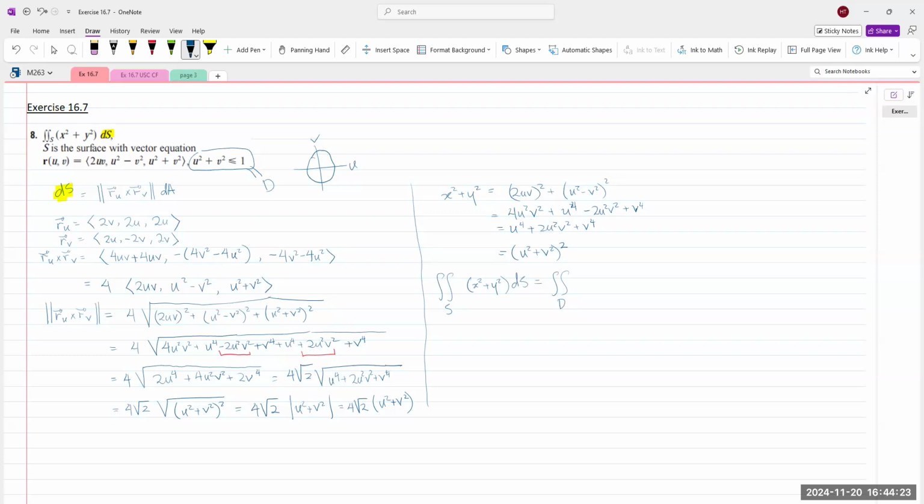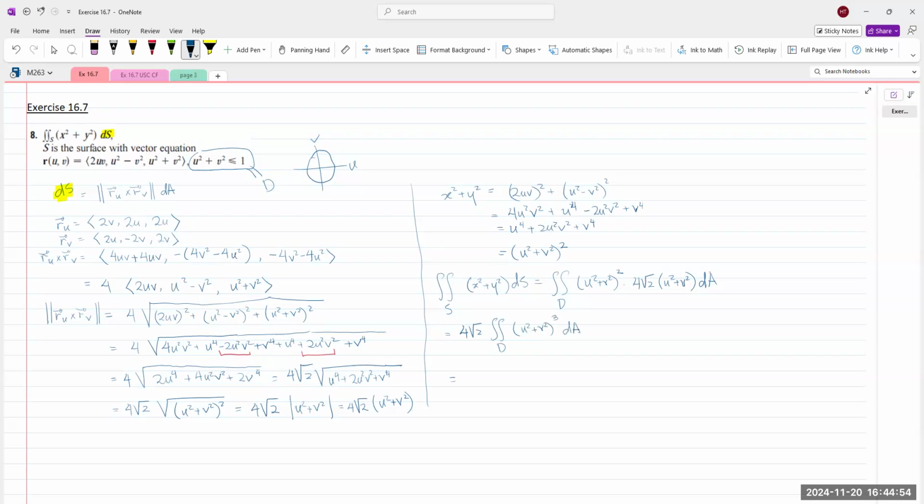Okay, the integrand is u squared plus v squared being squared times 4 square root of 2 times u squared plus v squared dA. That gives us 4 radical 2 times the double integral over D of u squared plus v squared cubed dA.